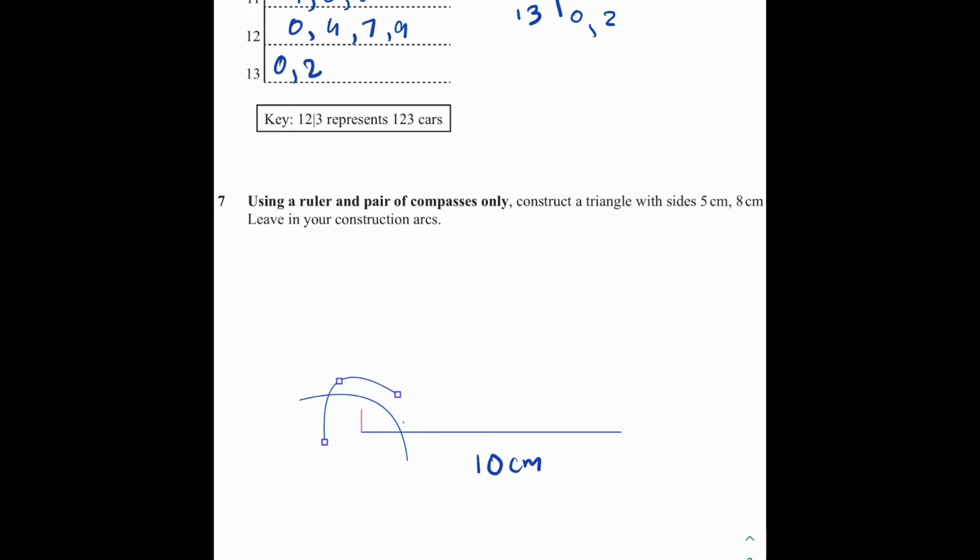It's hard to perform this on an iPad. I'm really sorry about that. If you guys want me to, I can explain this separately in a different video, but it's something like this. And you're gonna draw a straight line of 5 centimeters, I guess. And this is gonna be 8 centimeters, something like that.